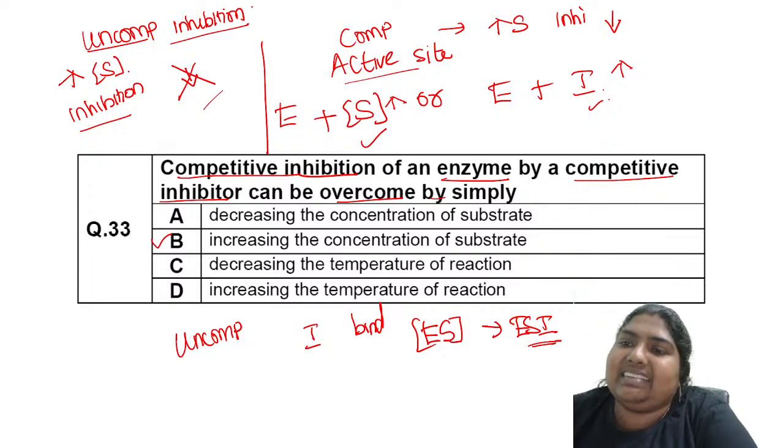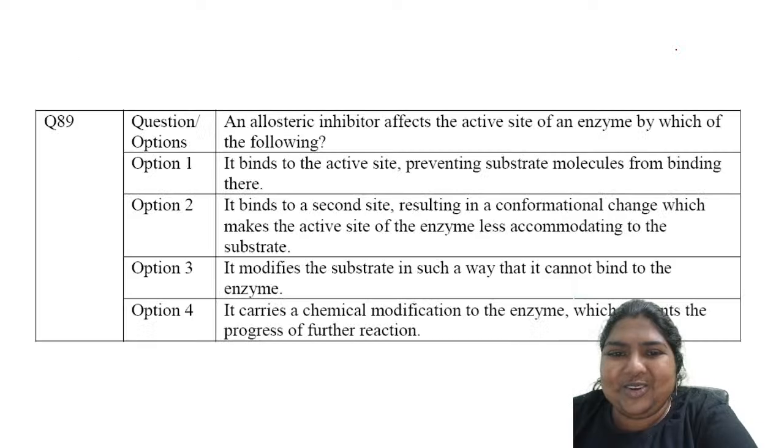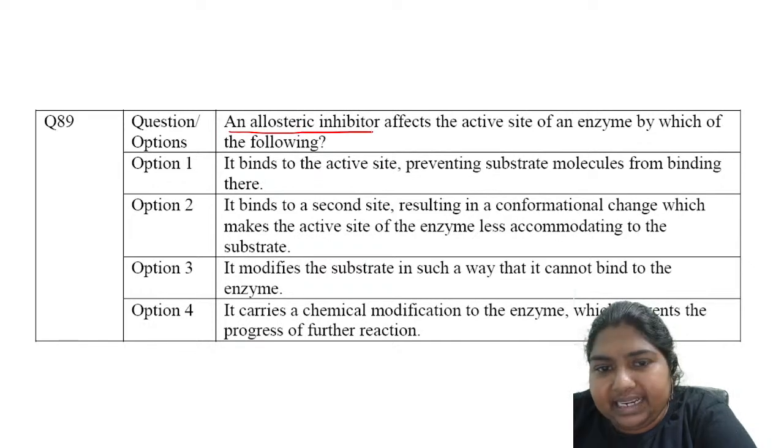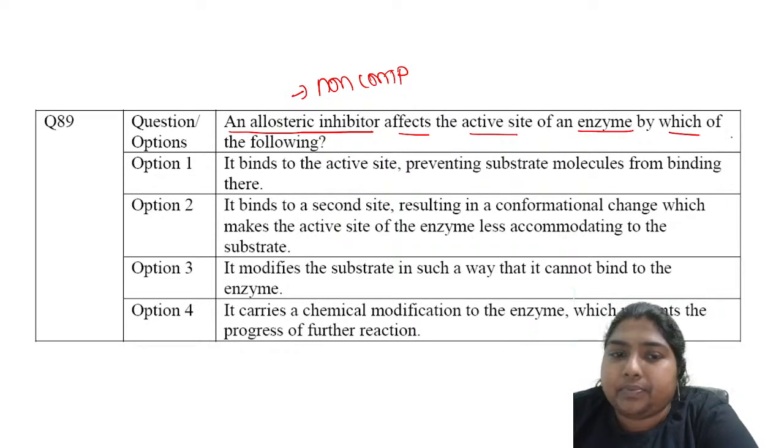Got it? In the case of the non-competitive inhibitor, it is independent, so you don't worry about it. Coming to the next one, an allosteric inhibitor. Allosteric is going to be non-competitive. An allosteric inhibitor affects the active site of an enzyme by which of the following?